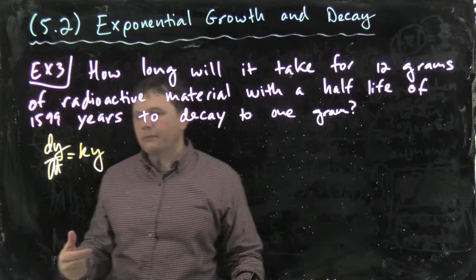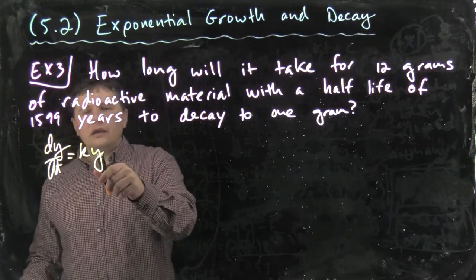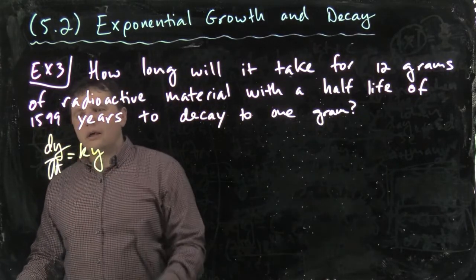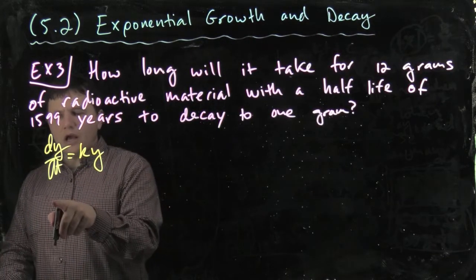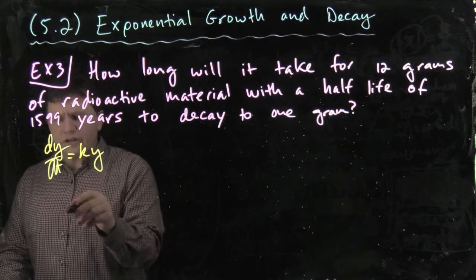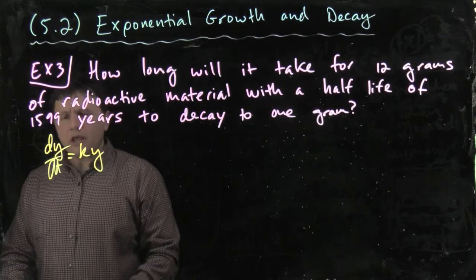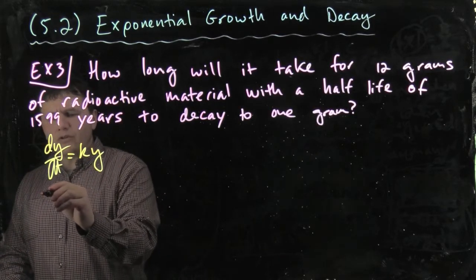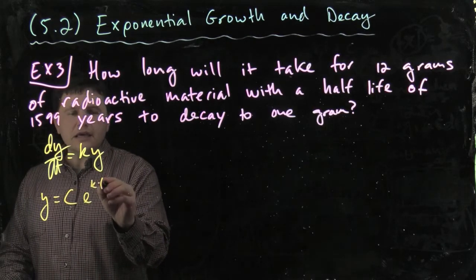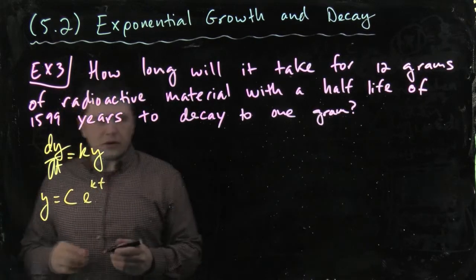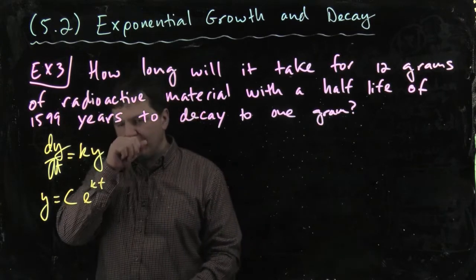It is decreasing. So as y decreases, so does dy over dt. dy over dt is negative. So we still end up with the formula y is equal to c e to the kt. That doesn't change. We just know ultimately we're going to get a value that is positive.